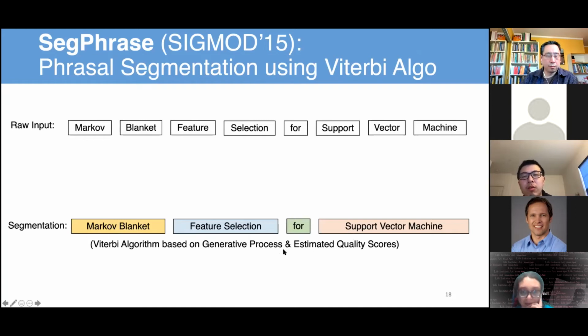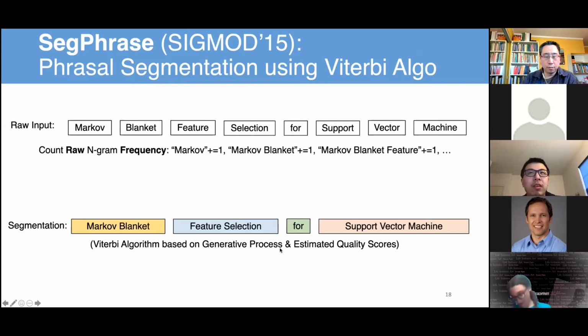And remember that we're using the statistical signals as features in the classifier, and most of them are actually built upon frequency. So after we have this segmentation, we can actually refine the frequency. Think about what we had in the beginning, when we had this raw input and were doing these counts. We count Markov for one, Markov blanket for one, Markov blanket feature for one, blanket feature for one; for any n-gram, we increase the counter by one.